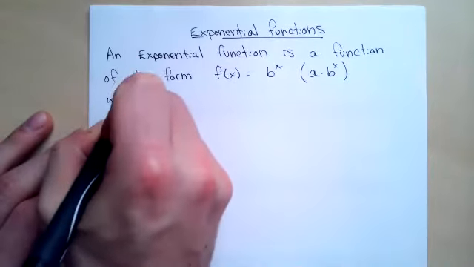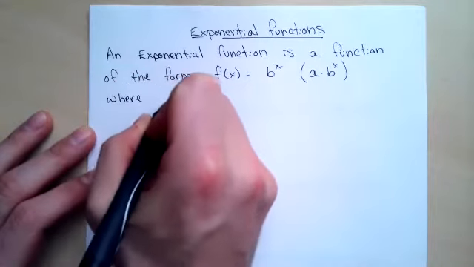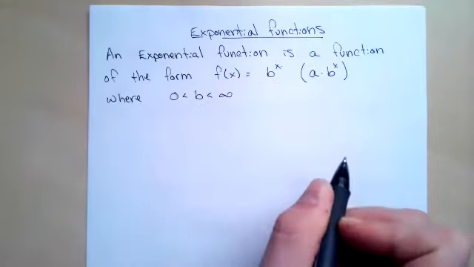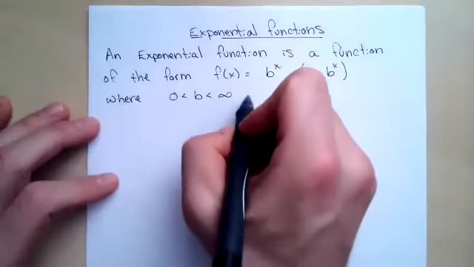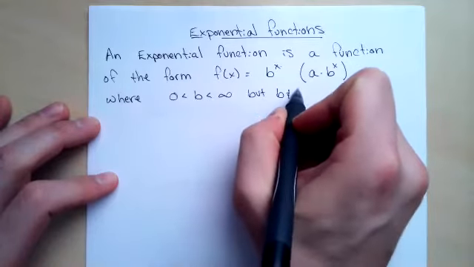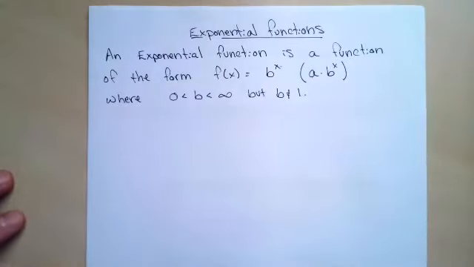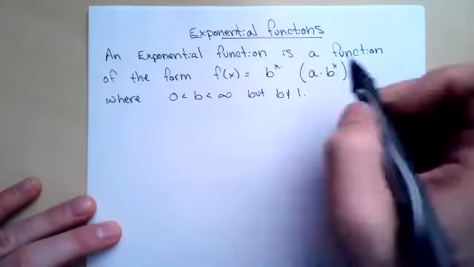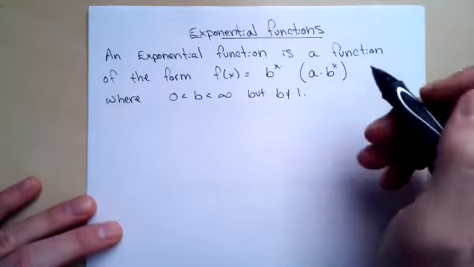where b is a positive constant that is not equal to 1. We don't like having the b term equal to 1 because 1 to any power is just 1.